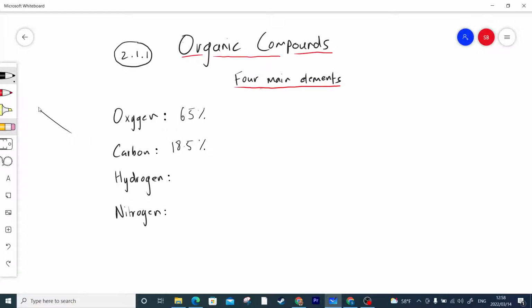Descending, obviously going down the hill, you would then give it in this order. If they said ascending, you obviously do it in the opposite way. 9.5% for hydrogen and 3.2% for nitrogen. Obviously, the symbols for these elements are O for oxygen, C for carbon, H for hydrogen, and N for nitrogen.